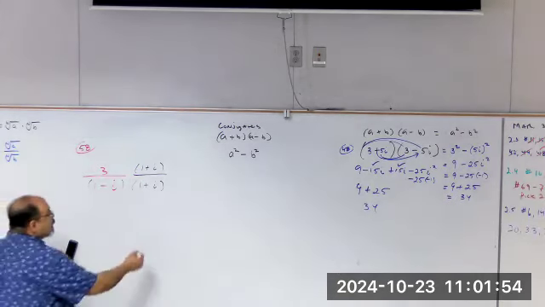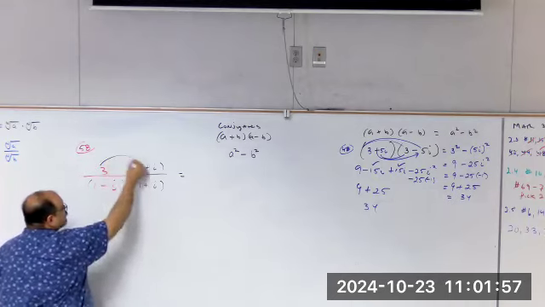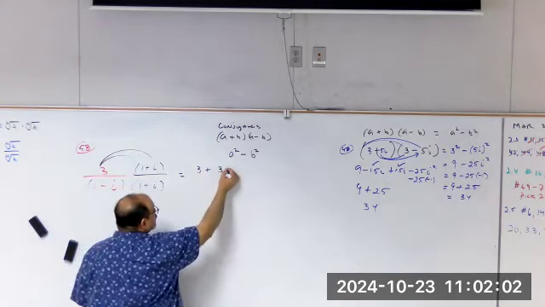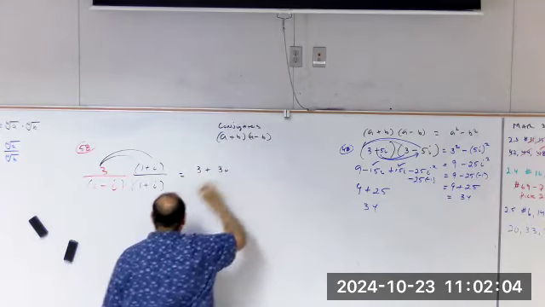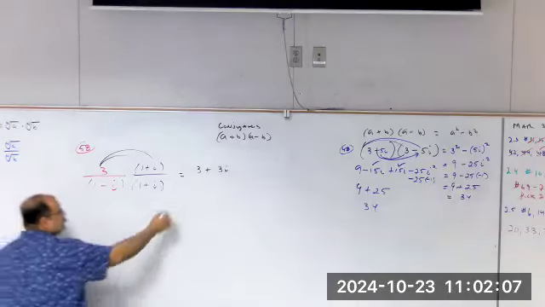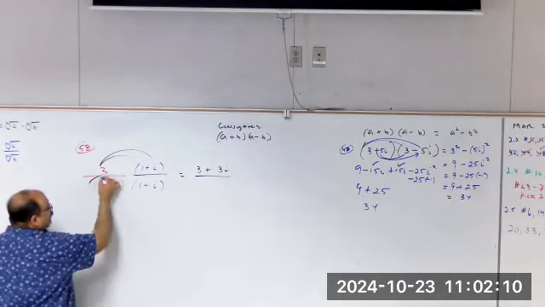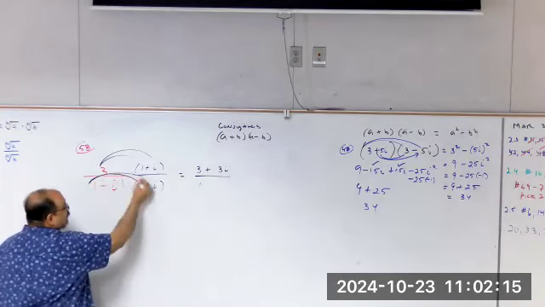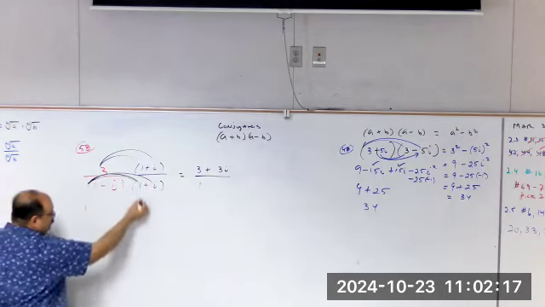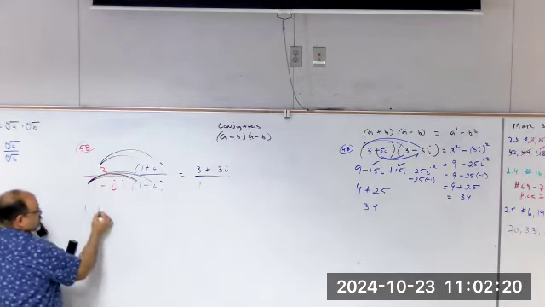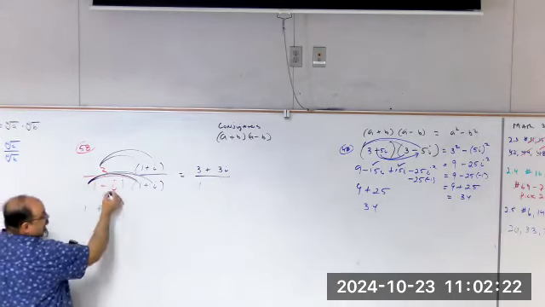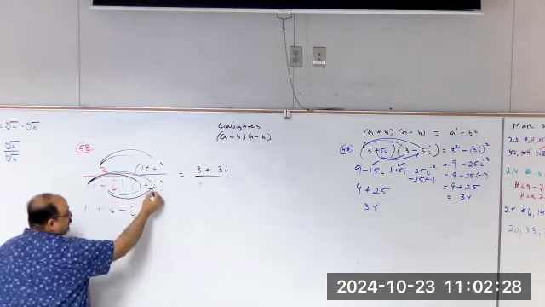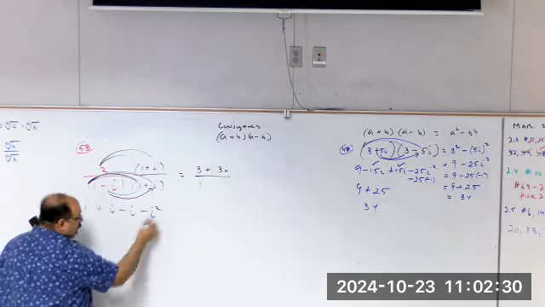In the numerator, we get 3 times 1 plus 3 times i. In the denominator, multiply it out. We get 1 times 1, which is 1. We get 1 times positive i, so that's plus i. We get negative i times 1, so that's negative i. And we get negative i times positive i, which is negative i squared.